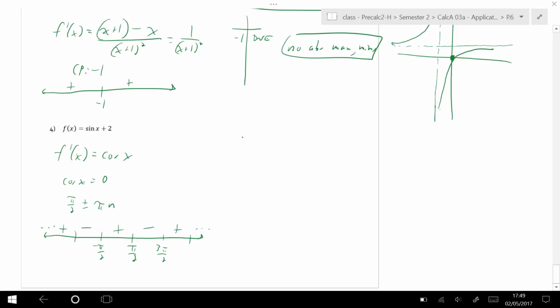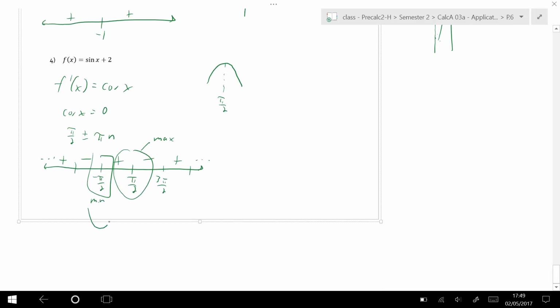I don't really have endpoints of an interval, but I know that this is a max, because the graph is going from increasing to decreasing right there at pi over 2. And this right here is a min, because the graph is going from decreasing on the left to increasing on the right at that point.